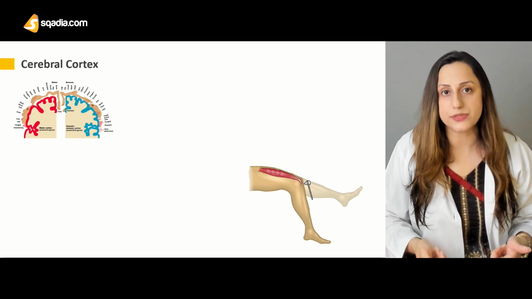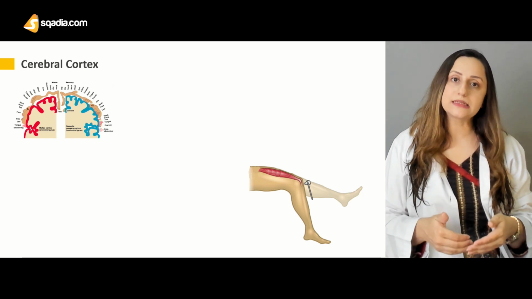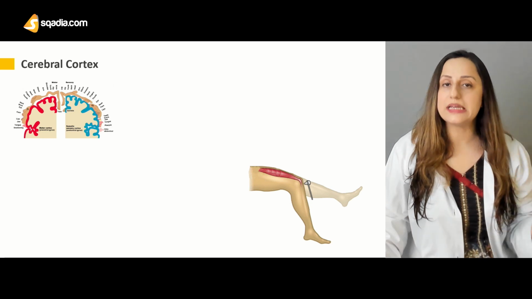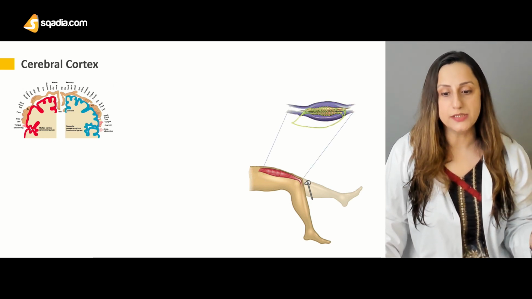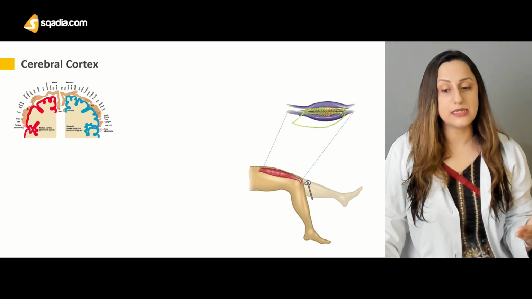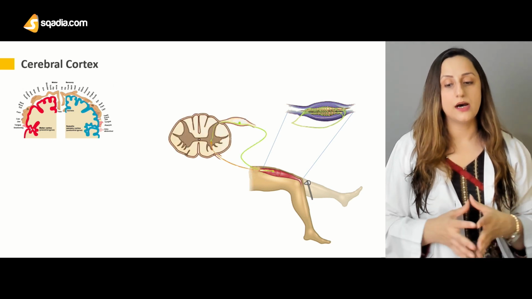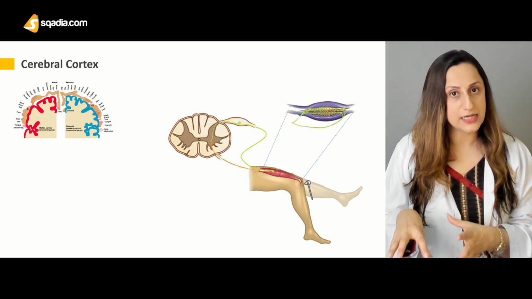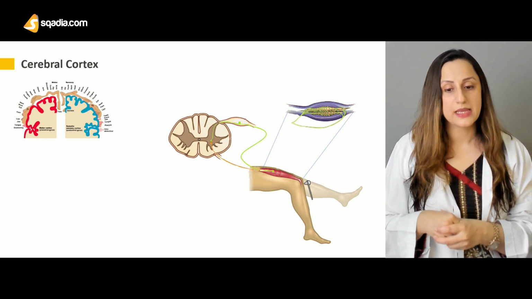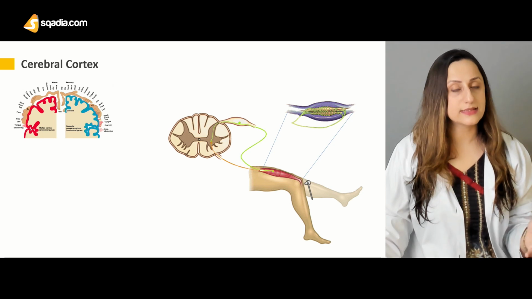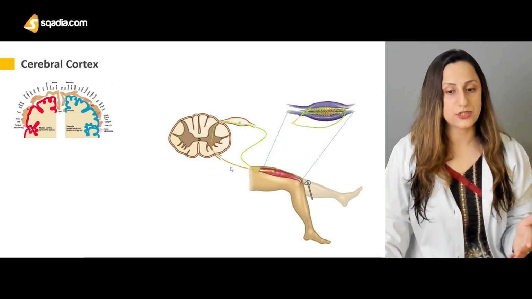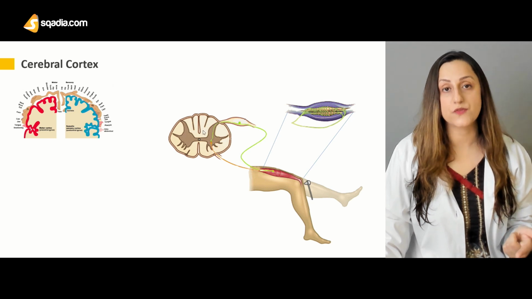How is that possible? It is possible due to the absence of an internuncial neuron over here. And as you can see, for the set of muscles involved in that particular reflex, these sensations are sent back through a set of neurons, and they're not sent back to the higher centers of the brain.